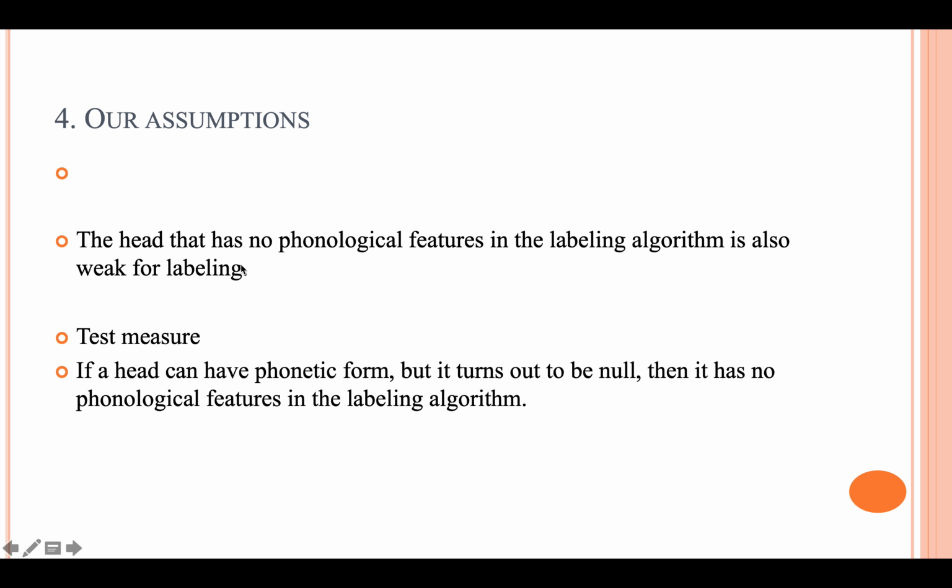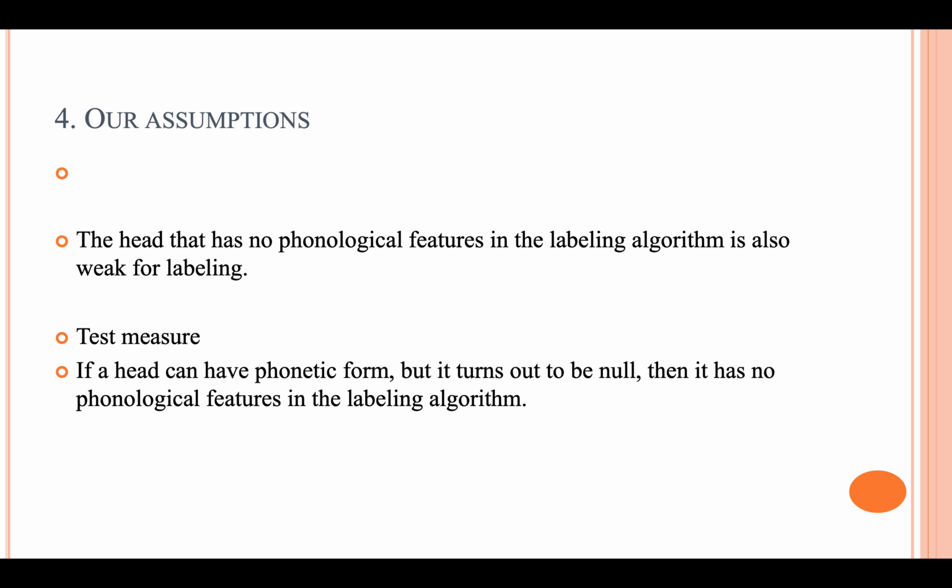So I made this proposal. The head that has no phonological features in the labeling algorithm is also weak for labeling. And one may wonder, how can we know whether a head has a phonological feature or not in the labeling algorithm? Because the labeling algorithm is carried out when the phrase is ready to spell out.